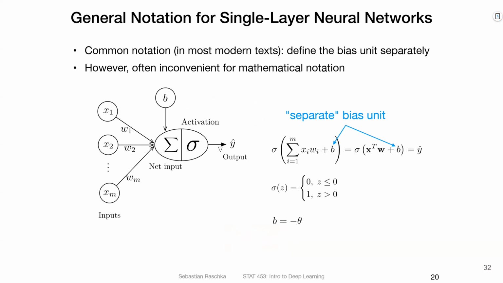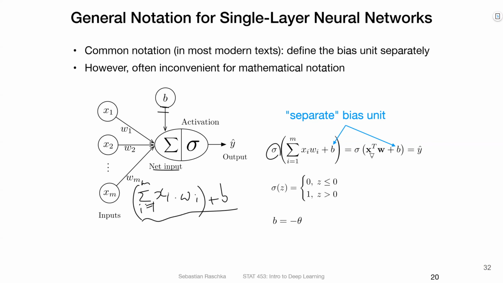So rather than defining the threshold explicitly, we're going to implicitly define this bias value. By doing so, our net input, which was originally the sum of xi times wi, where i goes from 1 to m, now has the bias value b added to it after the computation.